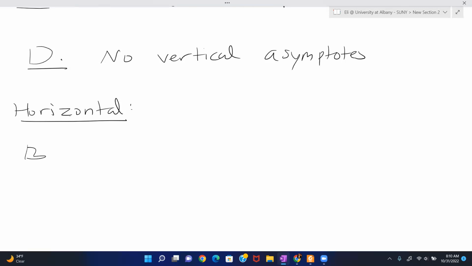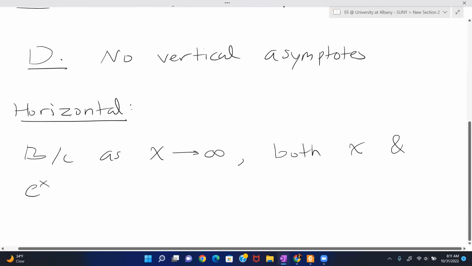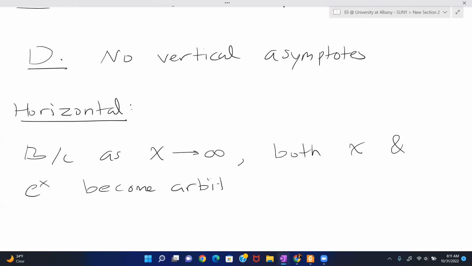When we compute the limit as x goes to infinity, we can see that this is also going to be infinity. That's because as x goes to infinity, both x and e to the x become arbitrarily large, and so their product must also become arbitrarily large.